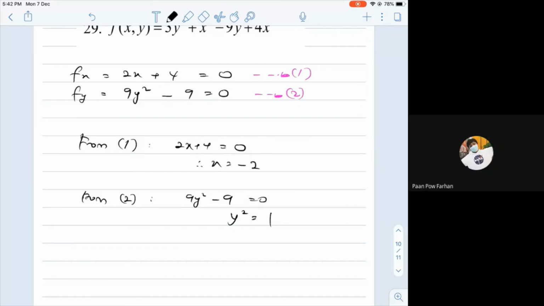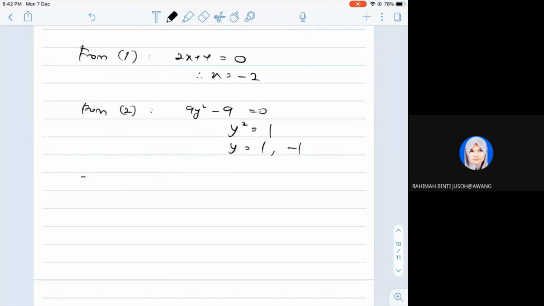Okay. Negative 1 dengan 1. Yes, so y equals to 1 and negative 1. So guys, therefore, bila case macam ni, you ada 2 titik untuk y kan? Therefore, the critical points are, okay, dalam kes ni kita ada dua lah. The first one is negative 2, 1. And the second is negative 2, negative 1. Okay, so there are two critical points here.